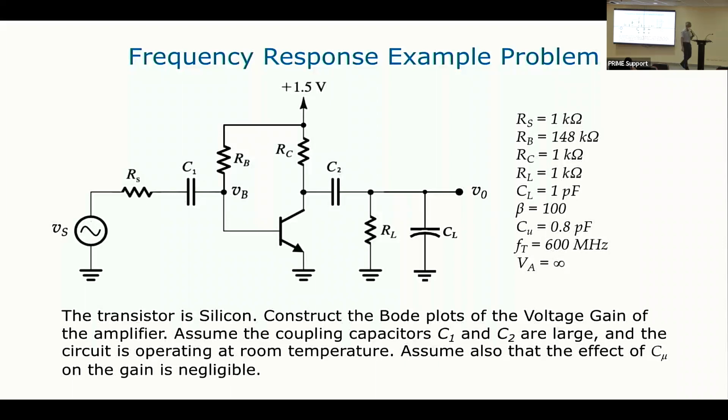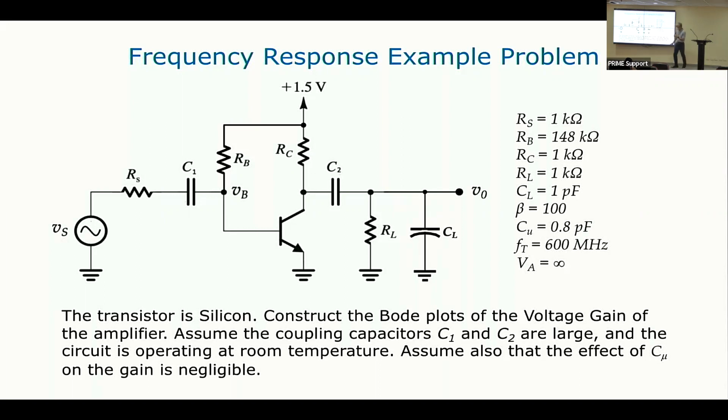In this particular case, we assume that C1 and C2 are large, so that at the input signal frequencies, they act like short circuits. And then I gave you all of these circuit quantities. So the example is supposed to be determine the frequency response of this circuit.